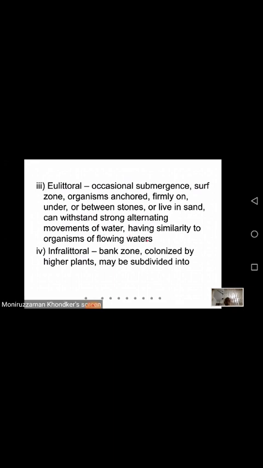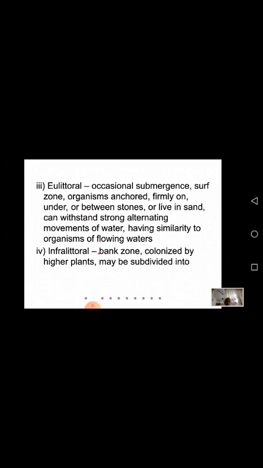So they have a lot of mechanisms to cope with this kind of unwanted situation created by waves and other kinds of movements. They can hide inside stone and live in sand and stand strong alternative movements of water.